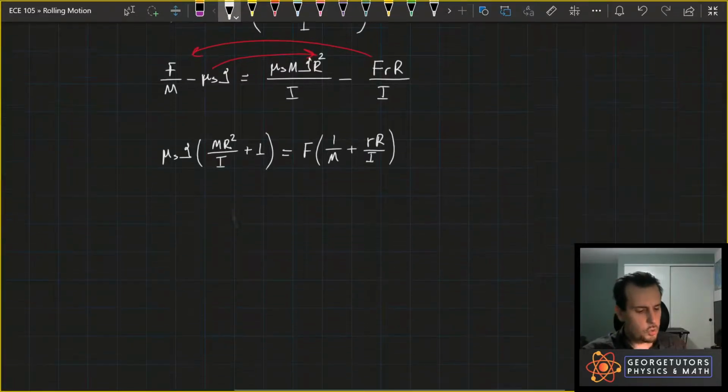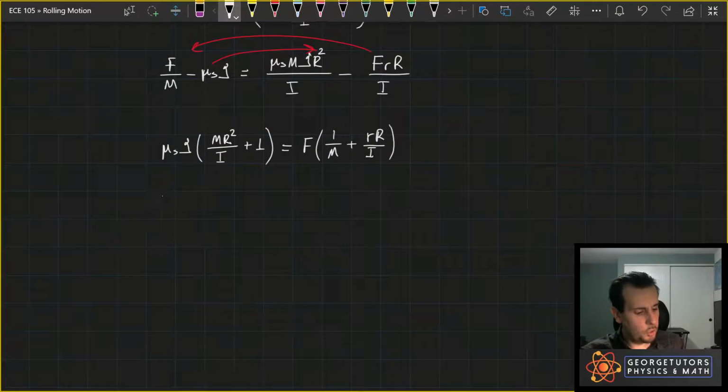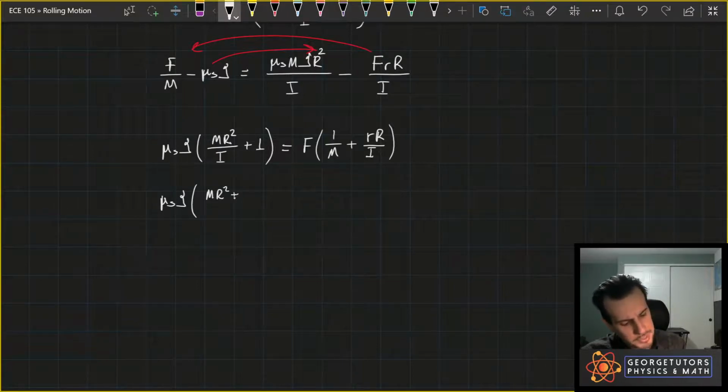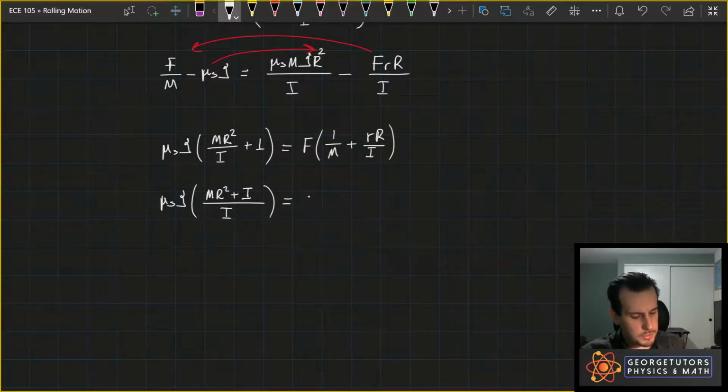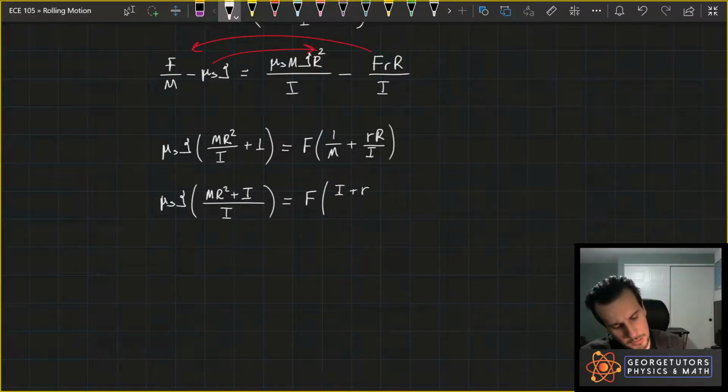All right, so we can cross multiply here to solve this and write the coefficient in a fancy way. So I'm going to have mr squared plus I, if I cross multiply the left bracket, divided by I. And in the right bracket, I can cross multiply again, so I will end up with I plus r times capital R, and then I'm going to divide by M times I.